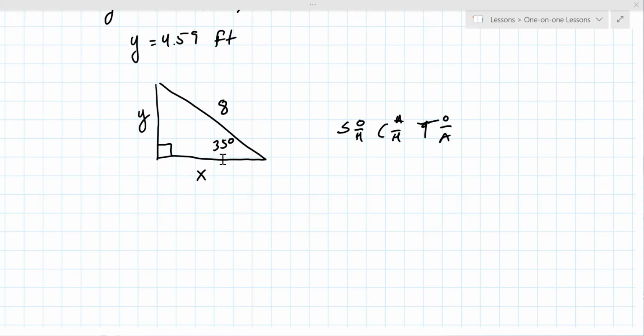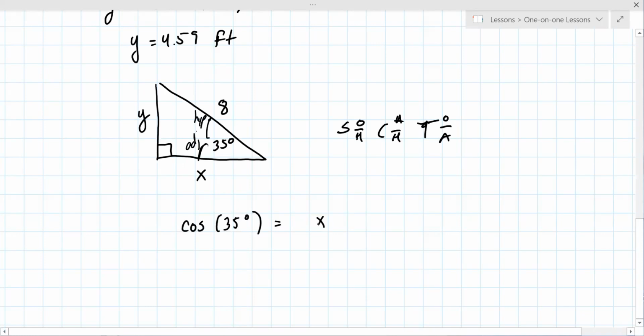Oh well, you should do sine because you know the opposite and you know the height. But we're trying to find x this time. X is adjacent, 8 is the hypotenuse. Oh, so cosine. Yes, so the cosine of 35 degrees equals adjacent, which is x, over 8.